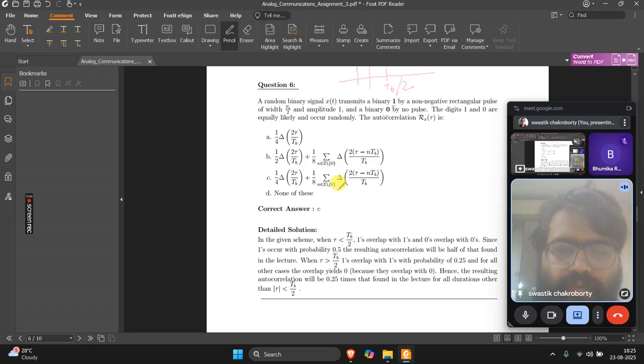The detailed derivation of these triangular functions is given in the lecture. Those will come half and half, and when multiplied with the probability 0.5, it becomes 1/4 plus 1/8. So the correct answer is C.